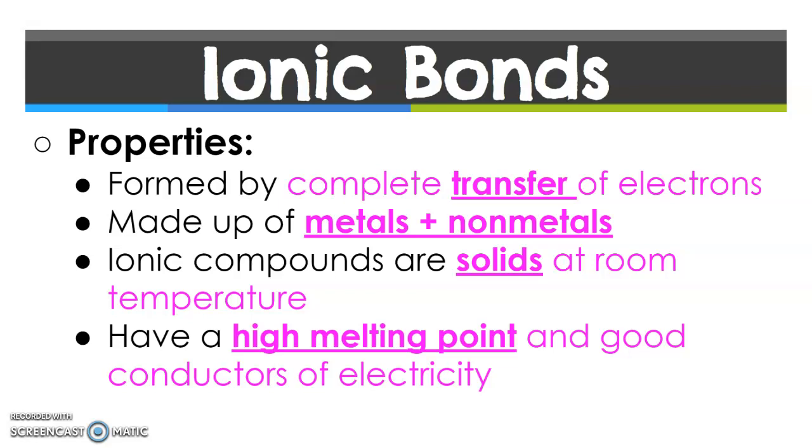If one of them is a metal and one of them is a nonmetal, then yes, it will be ionic, okay? Now there are different types of bonds, but today we're just focusing on the ionic bonds. They are solid at room temperature, and they typically have a high melting point, and they're good conductors of electricity. Okay, so that means it takes a lot of thermal energy to melt them.